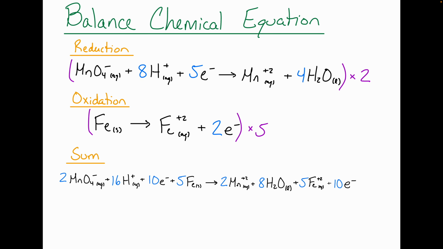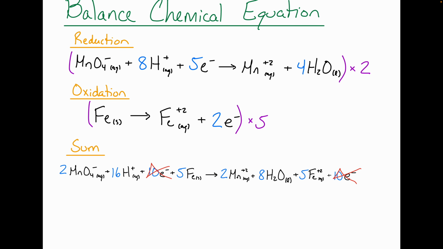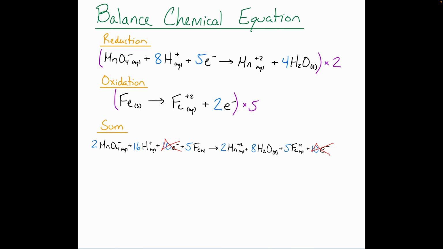All right, and again, we did that so that we could cross out our electrons from both sides. Well, we use that 10 for our end line. Correct, exactly. So now we're going to do the last step here, which is to calculate our free energy.